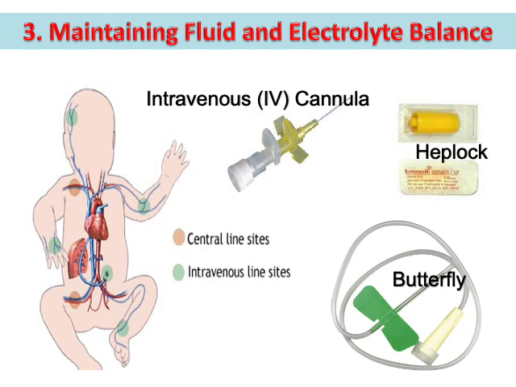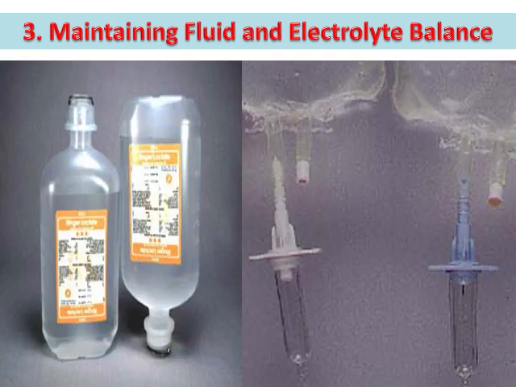It's the most accurate way to measure the infant's fluid electrolyte balance. Second is to record I and O. And third, measure electrolytes such as sodium, potassium, chlorine, calcium, and the others. When a child is high risk, sometimes breastfeeding is contraindicated.